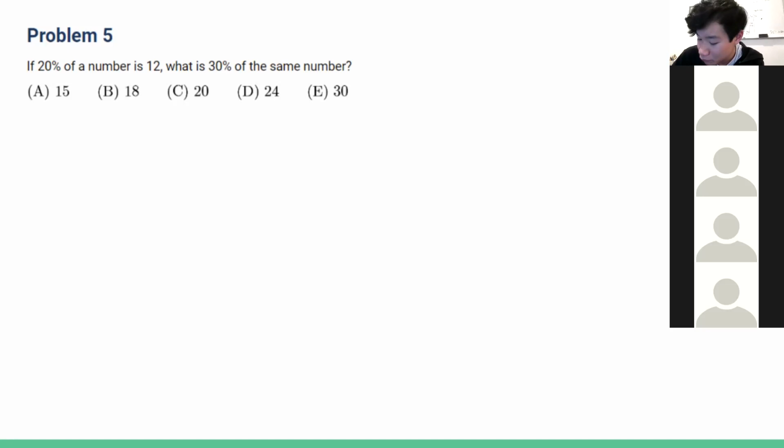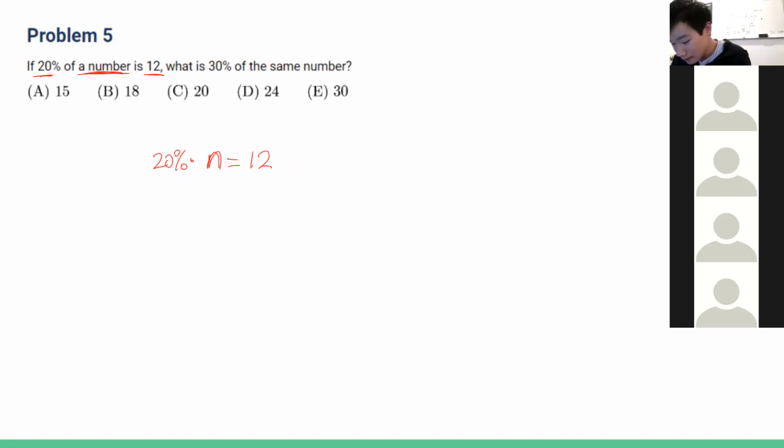Well, we know that we currently have 20%, and we know a number, and we know the result of the equation. So a number, let's represent by n, right? Perfect representation for a number, n. If 20% of this number is equal to 12, so 20% times n is equal to 12, what is 30% of that same number? All right.